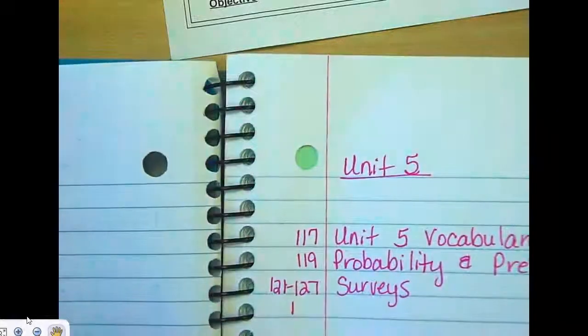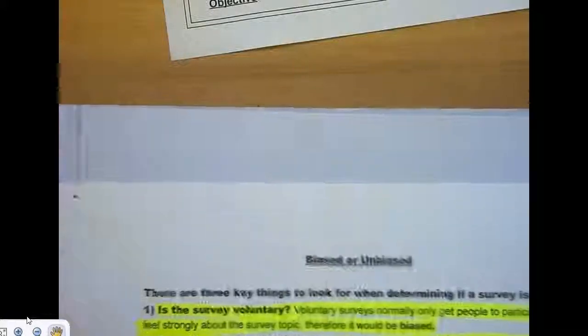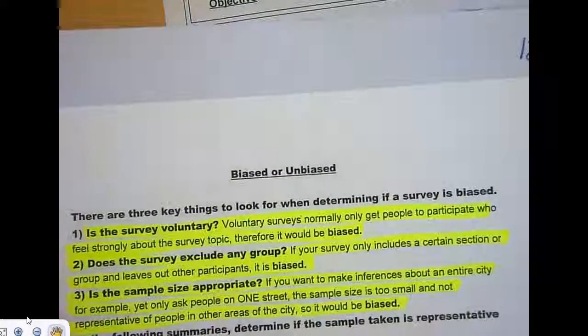I had surveys, the last page of the surveys on 127. I had this right here, biased or unbiased on 127. Do y'all have that in your journal? Okay. We'll use whatever next available page you have. Mine's 129. Well, make sure your table of contents matches your page.